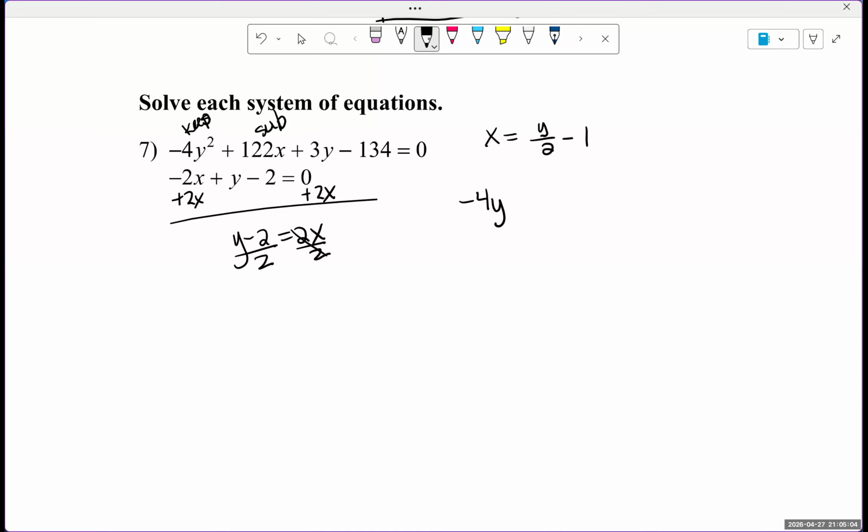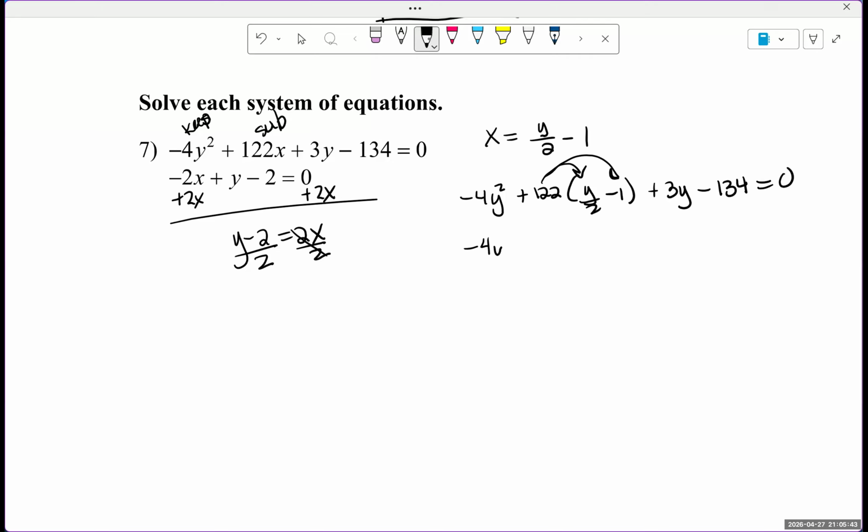-4y squared plus 122 times y over 2 minus 1 plus 3 times y minus 134 is equal to 0.